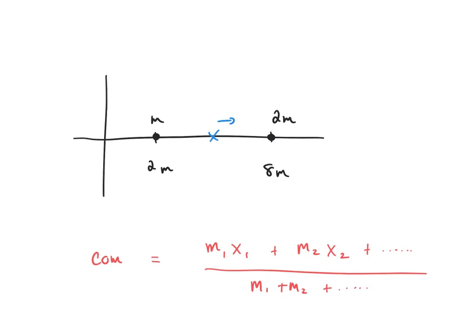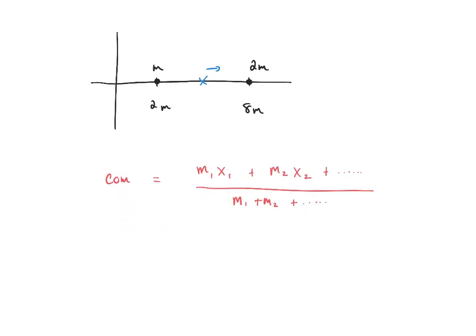Now I'm writing a non-mathematical expression here. How might we write this mathematically? What symbol have you been using in calc to represent several things added up over and over again? Sigma. Very good. So this is really going to be sigma.